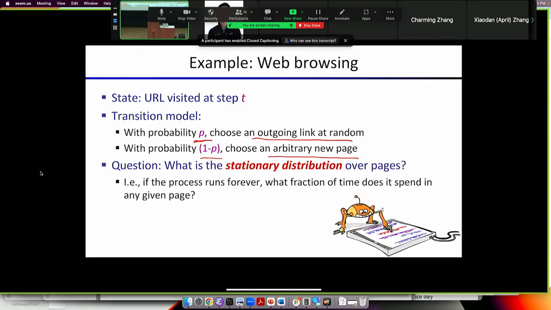And does anyone know what that is called? This particular stationary distribution for this particular transition model. This is called PageRank, and this is the algorithm that created Google.